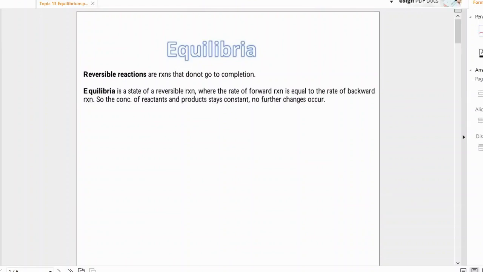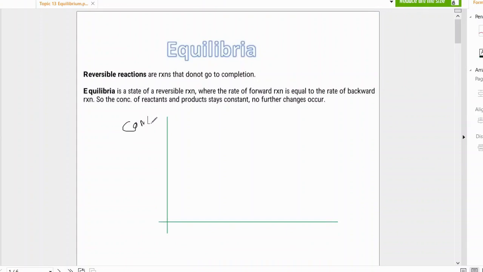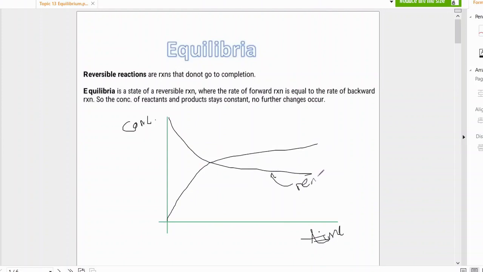To graphically represent this, let me draw this line over here. So we are drawing a concentration time graph. This is for reactant, product.